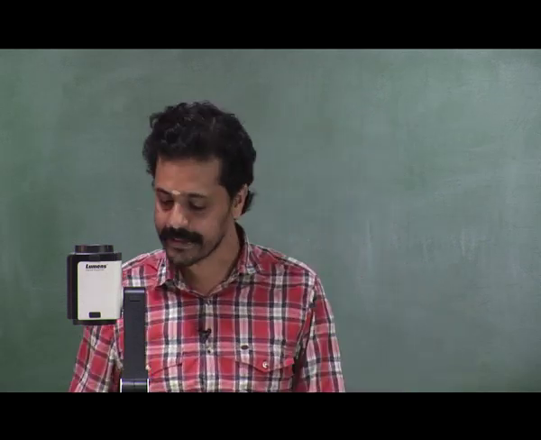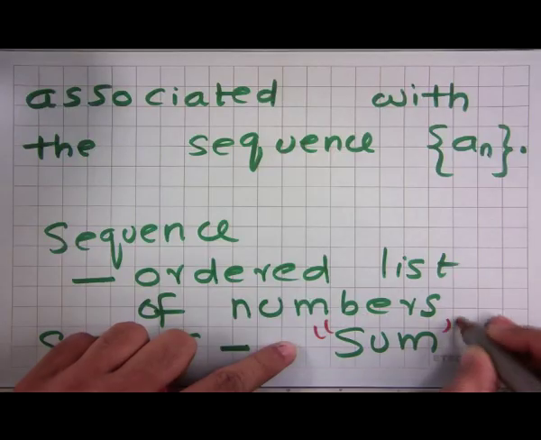By this time, the distinction between sequence and series should be clear. A sequence is an ordered list of numbers and a series is a sum.